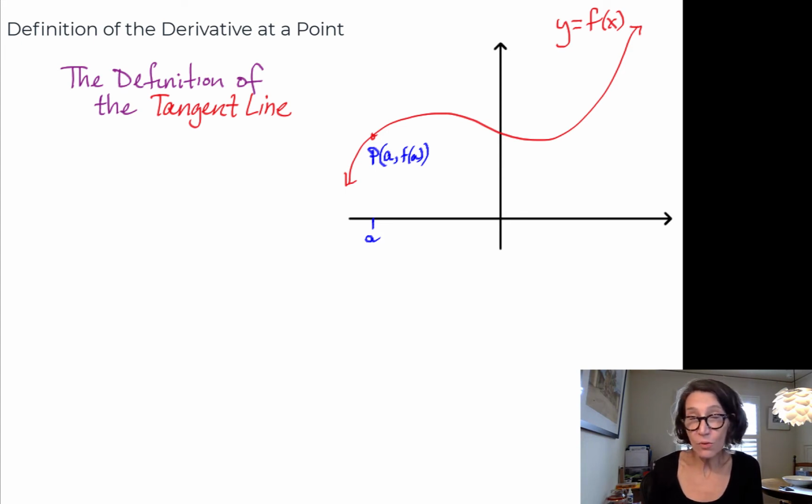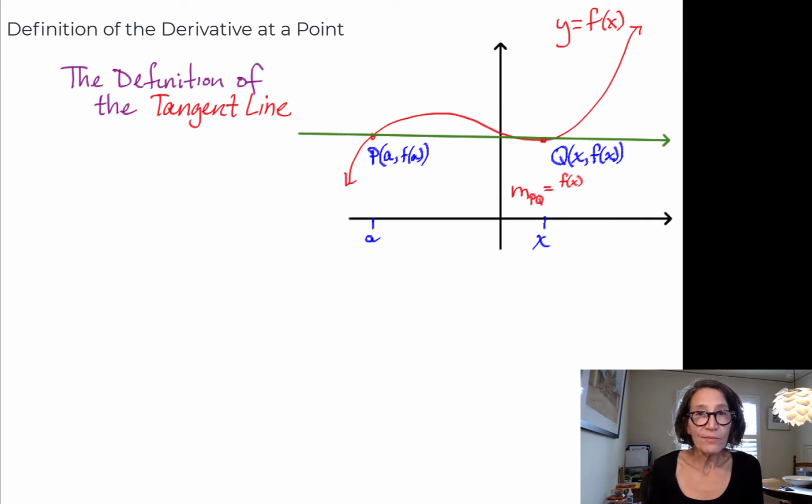We either need 2 points on the line, or we need a point and the slope. So what we do to get the slope of this line, since we don't have another point, is we take another point on the curve, call it Q. It has x-coordinate and y-coordinate, x comma f of x. And we take the slope of the secant line that joins those 2 points on the curve.